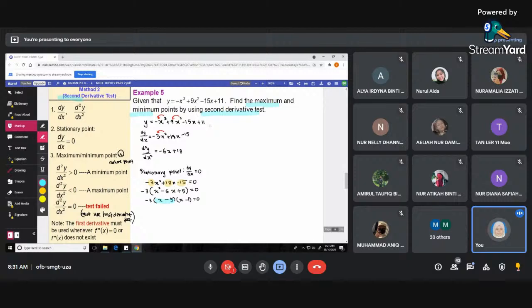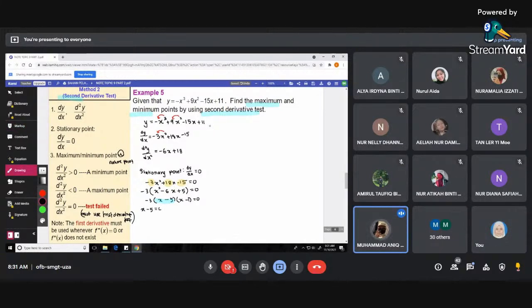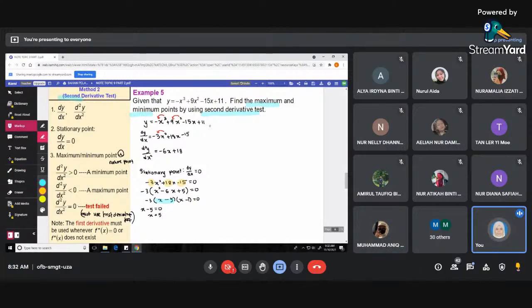X tolak 5, X equal to 5. Ya, X sama dengan 5. X tolak 1 sama dengan 0, so X sama dengan 1. Kita dah ada X, 5 dan 1. Kita perlu cari apa sekarang? Cukup ke?